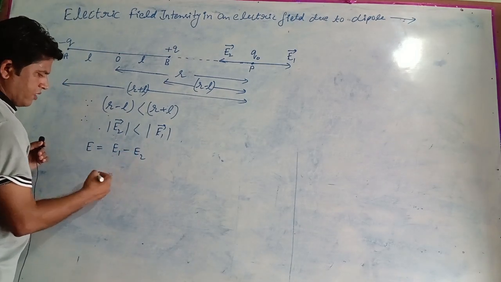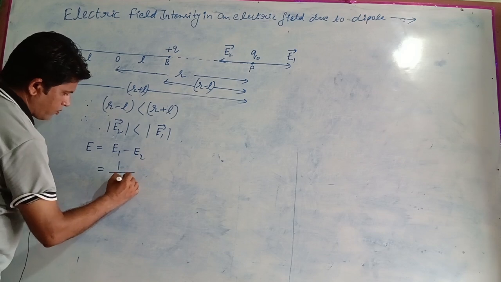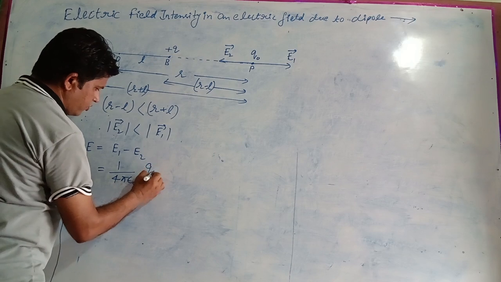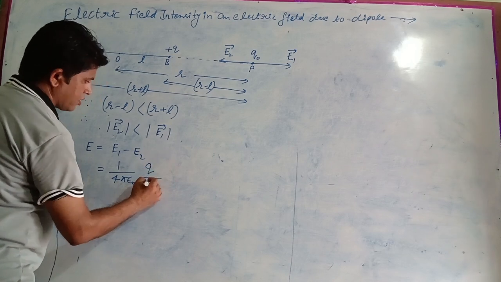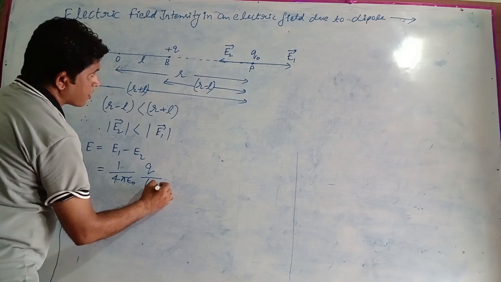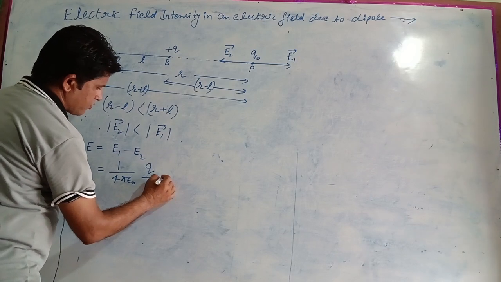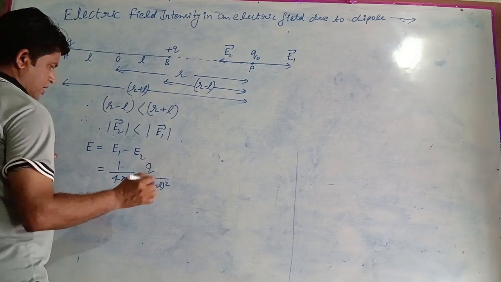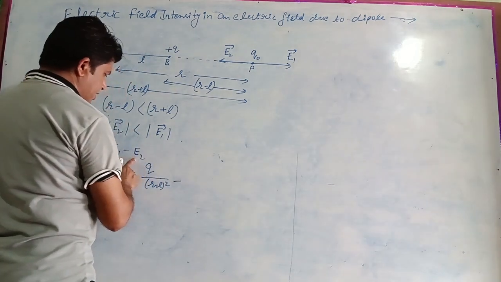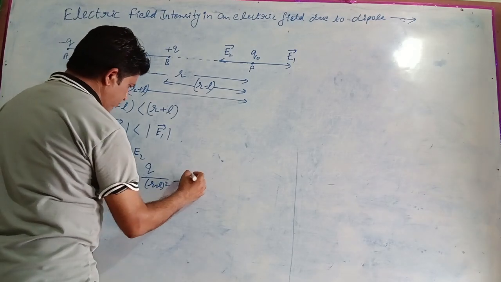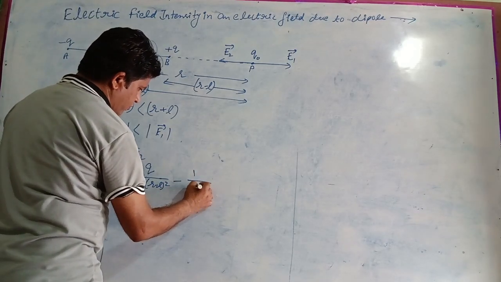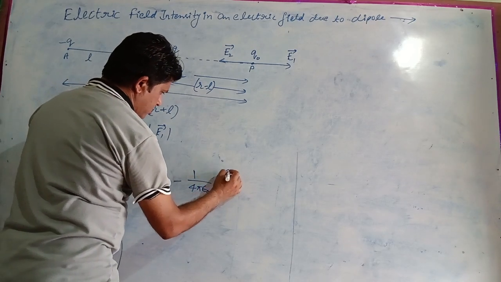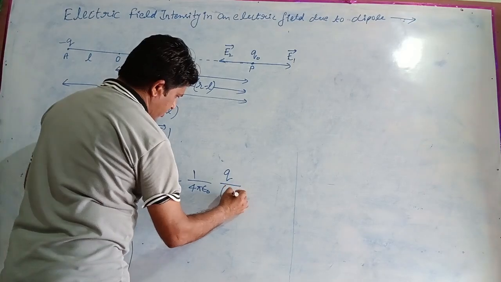The formula will be 1 upon 4 pi epsilon naught and Q upon the whole square of R minus L. Similarly, the intensity E2 will be 1 upon 4 pi epsilon naught and Q upon the whole square of R plus L.